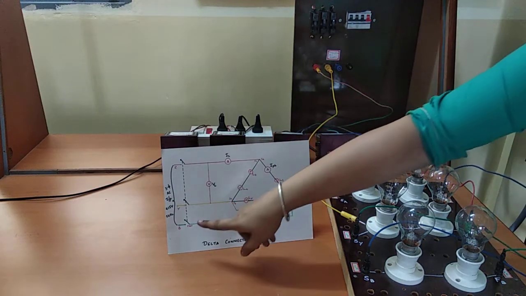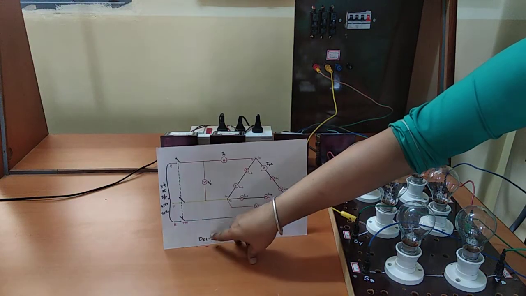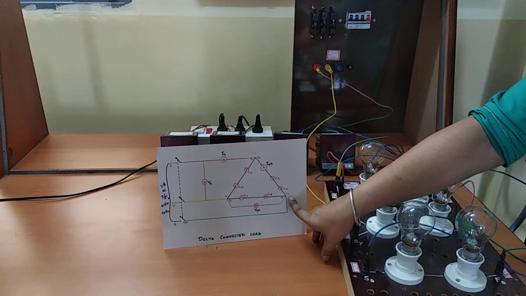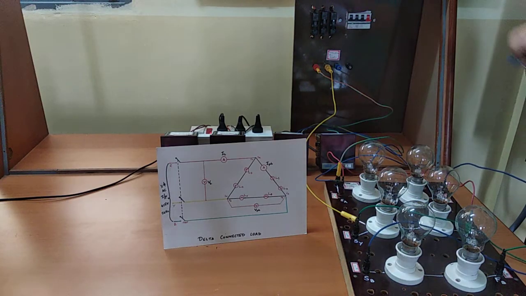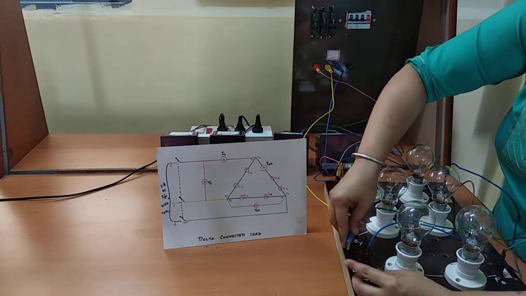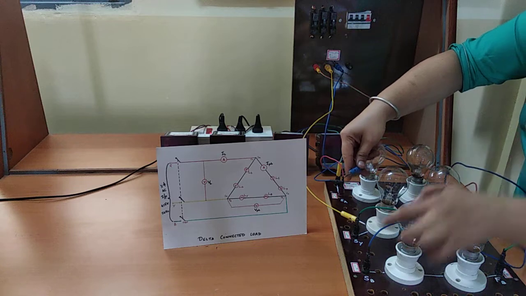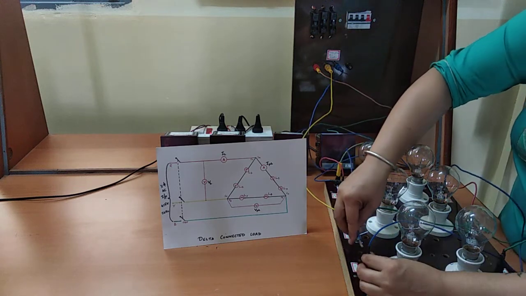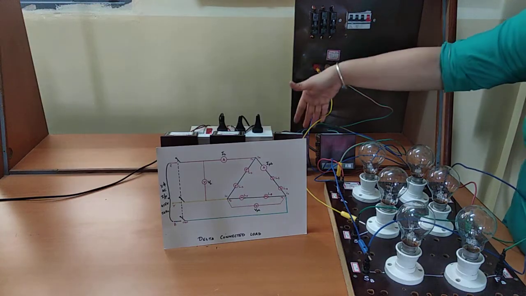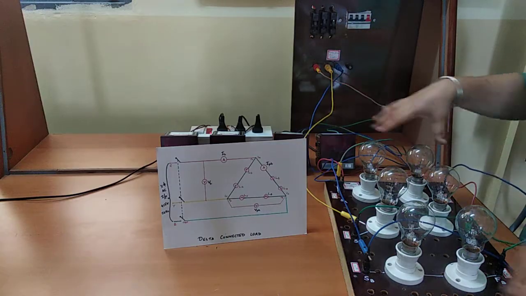Now from the B terminal after the TPST, we have the line that comes till the SB and FR point. So I take another wire from the B terminal to the point where FB, SB and FR meet. So this is the point. So we have connected two ammeters in the circuit.